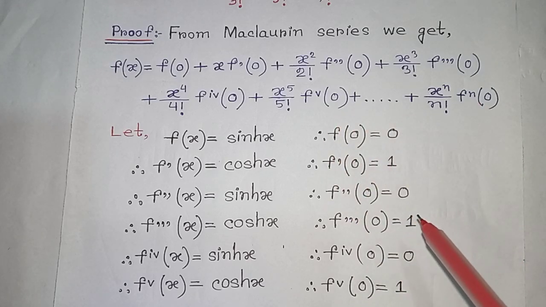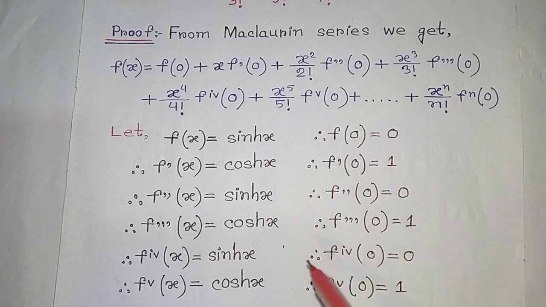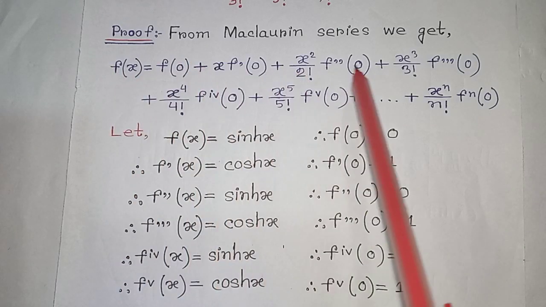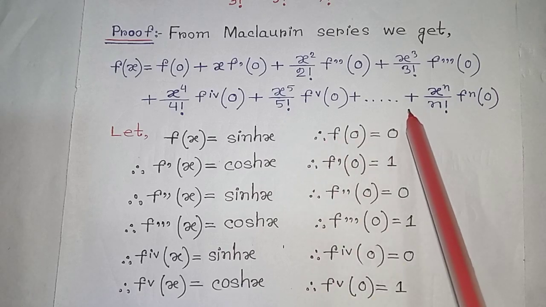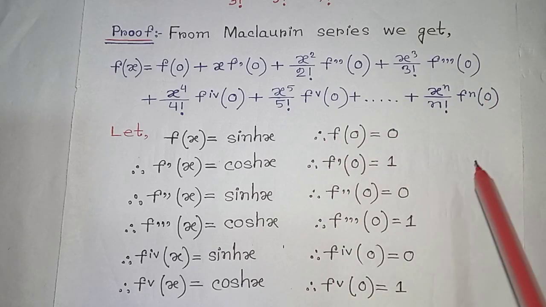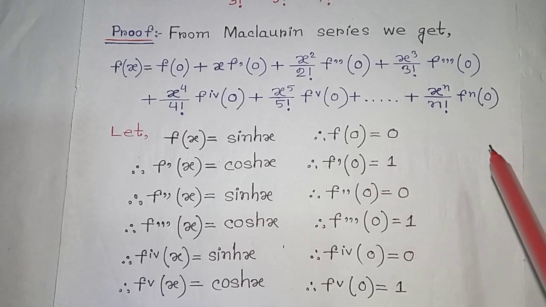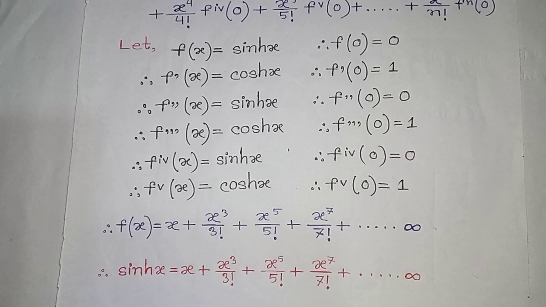So lastly, from all the analysis, we can get f of x is equal to x plus x cube by 3 factorial plus x power 5 by 5 factorial plus x power 7 by 7 factorial plus x power 9 by 9 factorial plus dot dot dot infinity. So finally we get the series of f of x.